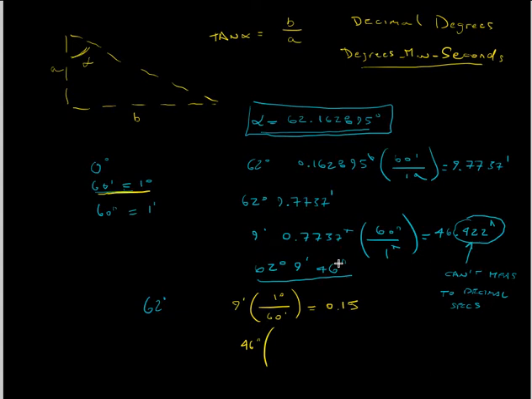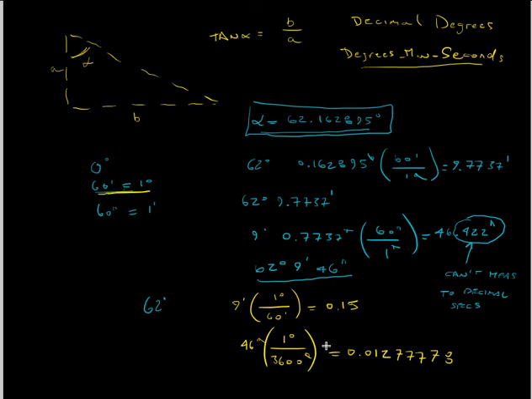So it's 60 times 60, which is equal to 3,600. So 1 degree has 3,600 seconds, and the seconds cancel out. 46 divided by 3,600 is equal to 0.012777778.